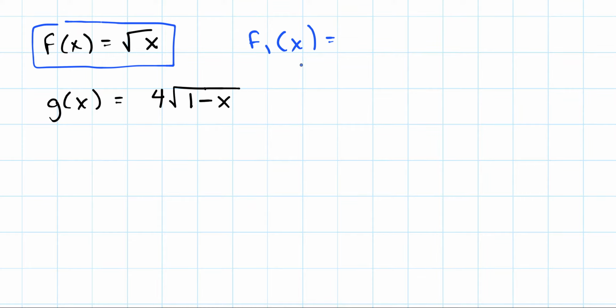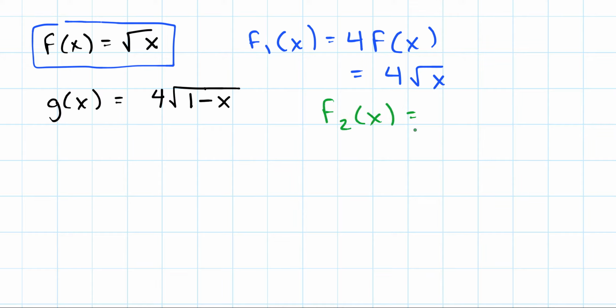What I'm going to do, I'm going to take my original function and multiply it by 4. If I do that, I'll get 4 square root x. And I don't have exactly what I want, but I'm getting close. Now I'm going to define a new function, f2 of x. And what I'm going to do is I'm going to add 1 inside. So I'm going to take this original function, f1, and I'm going to put x plus 1 inside.